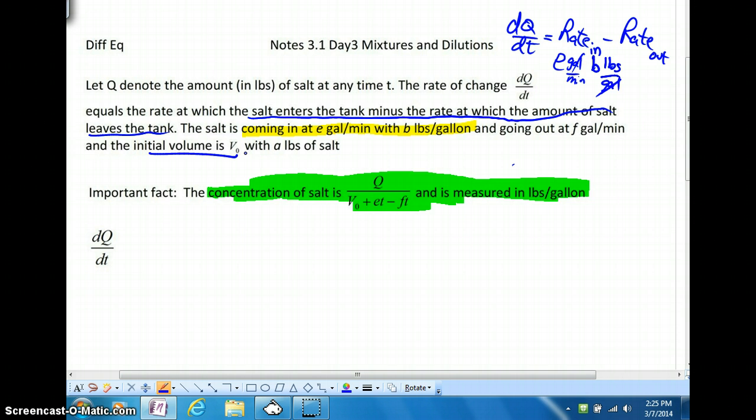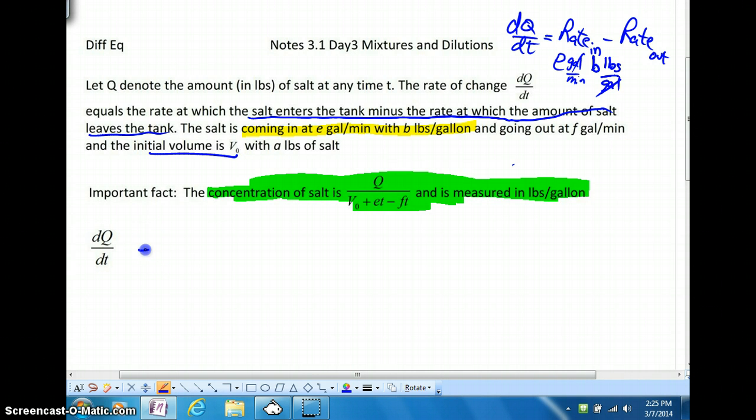It tells you how many gallons you have. But remember, E and F are relating to the flow coming into the tank as well as coming out. If E and F are equal, they cancel each other out. You have the same water level. But Et minus Ft can be changing. We could have our overall volume increase or decrease. So that's going to be the concentration of salt, in pounds per gallon.